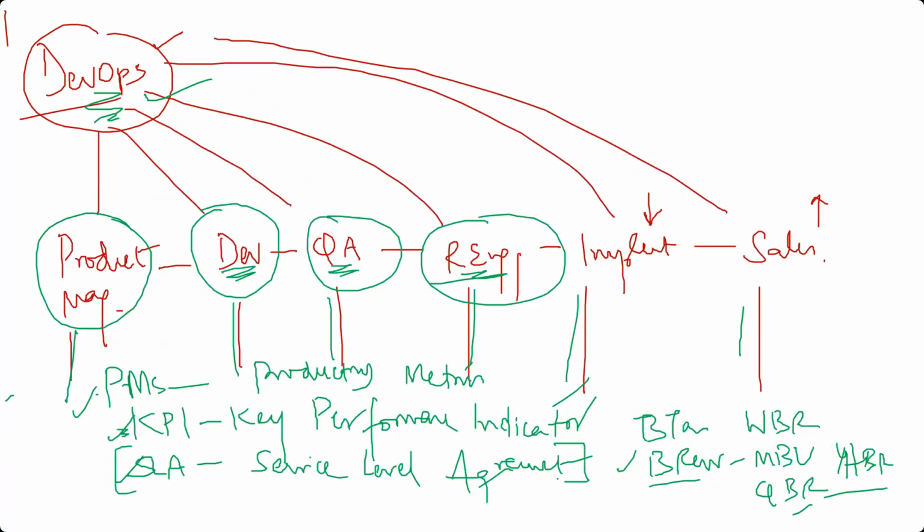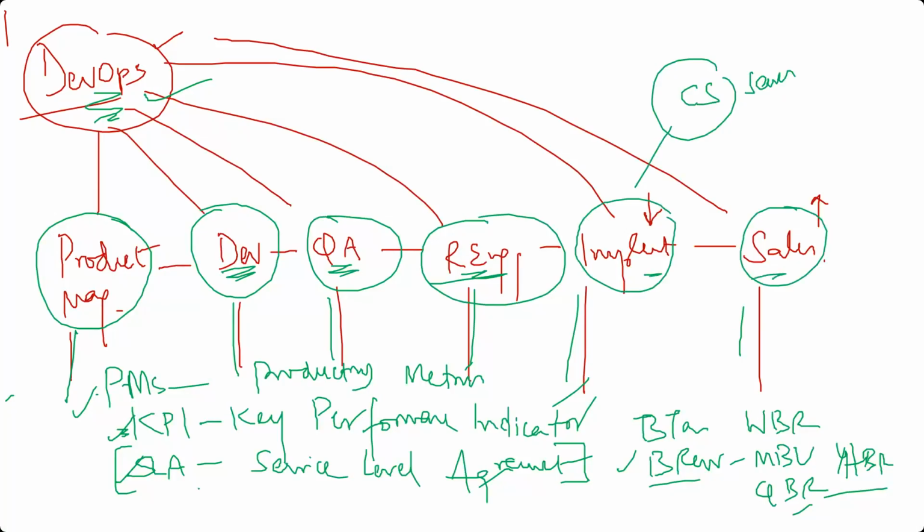SLAs, service level agreements, are typically maintained by implementation, customer support, or anybody in services and sales. Service level agreements are agreements which you make with the customer, pledging that you will deliver a service in a particular time. For example, you bought an Ola electric bike, and Ola tells you in India there are thousands of service centers.